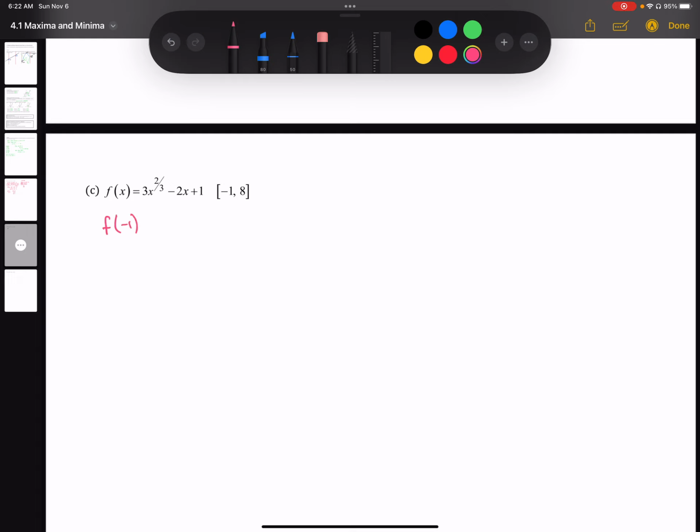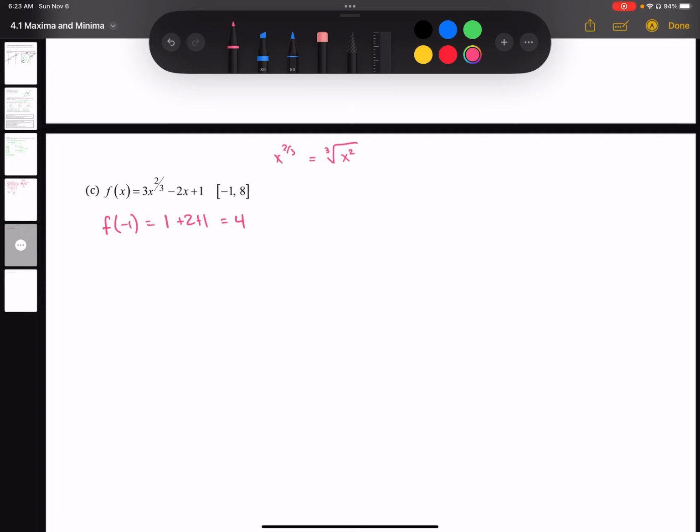So f of -1 is going to be, so 3x to the 2/3, x to the 2/3 is the same as the cube root of x squared. -1 squared is 1, and then the cube root of 1 is 1. So we're going to get 1 plus 2 plus 1, which equals 4.